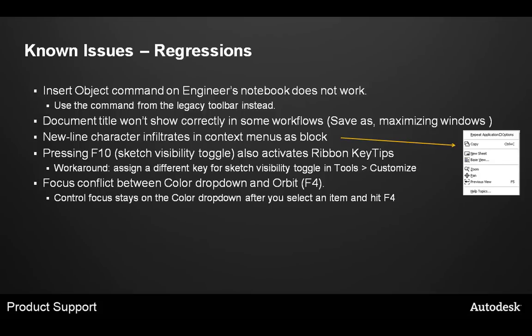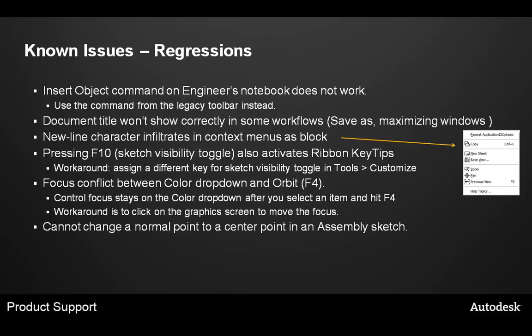So to get out of that situation, just hit the graphical screen a couple of times with a couple of clicks, and you can continue to rotate. You cannot change a normal point to a center point in an assembly sketch either. The workaround there is to add the classic toolbar to your UI, and you can use the functionality from that toolbar.